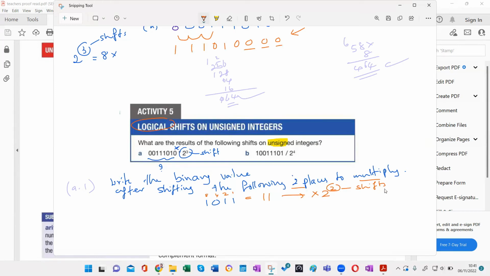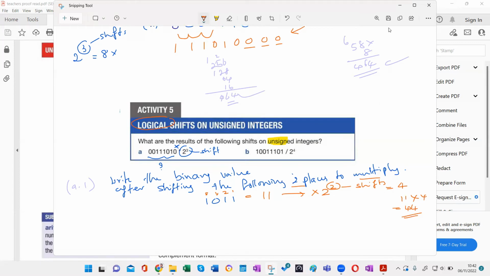What is 2 to the power 2? 4. That means the original value is going to be multiplied by 4. That means 11 into 4 is going to be 44. So our expected answer is 44.